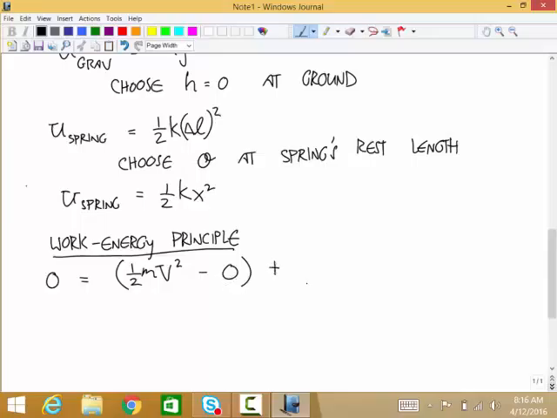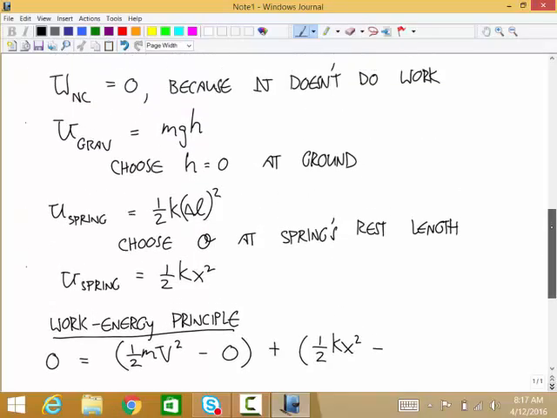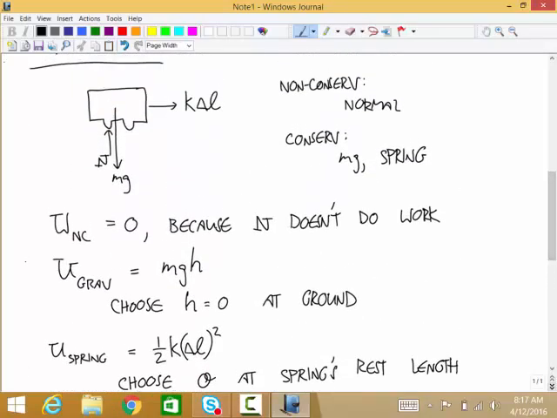And then potential energy, we have 1/2 K x squared. And what's the potential energy at our earlier instant when we release it from rest? Well, what we know is that we're pulling it out.